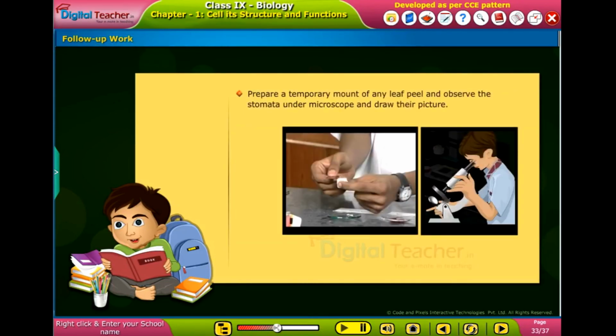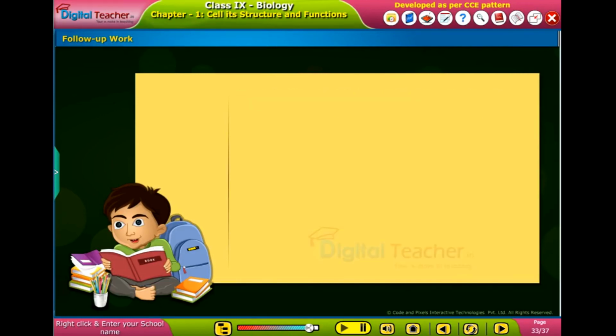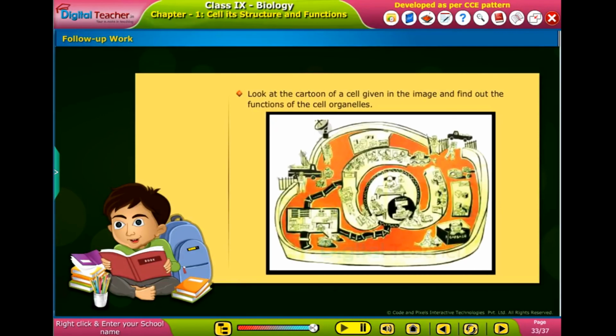Prepare a temporary mount of any leaf peel and observe the stomata under microscope and draw their picture. Read the chapter carefully and collect the information about different cell organelles and their functions. Mention them in a table. Look at the cartoon of a cell given in the image and find out the functions of the cell organelles.